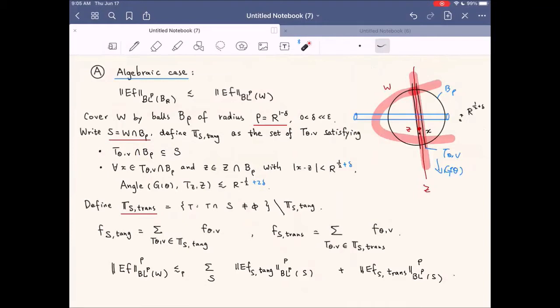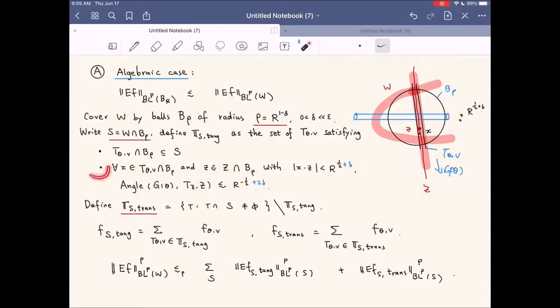And then for the algebraic case, we have decomposed into a tangential part and a transversal part. The tangential part is defined as the set of tangential wave packets that contribute. The tangential wave packet will satisfy that, first of all, it should roughly lie inside the neighborhood, and then it satisfies some angle condition with respect to the tangent plane.